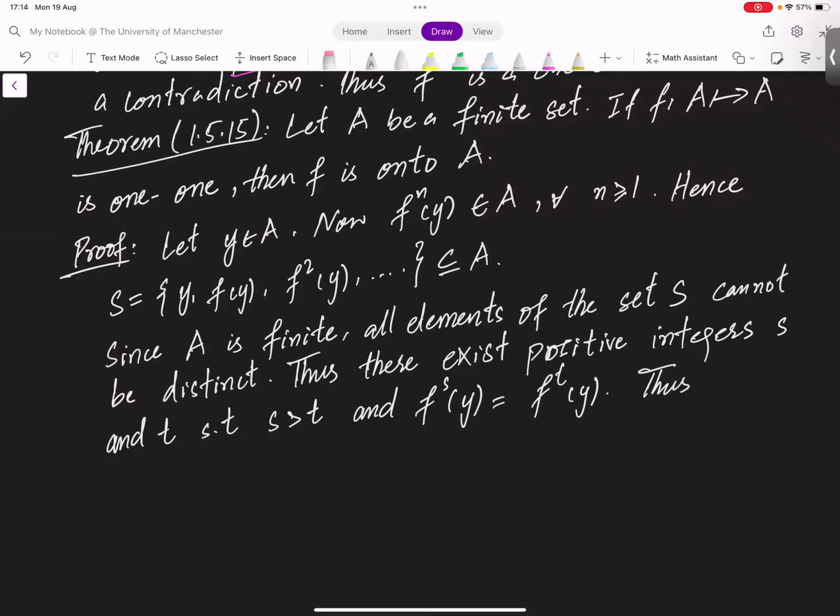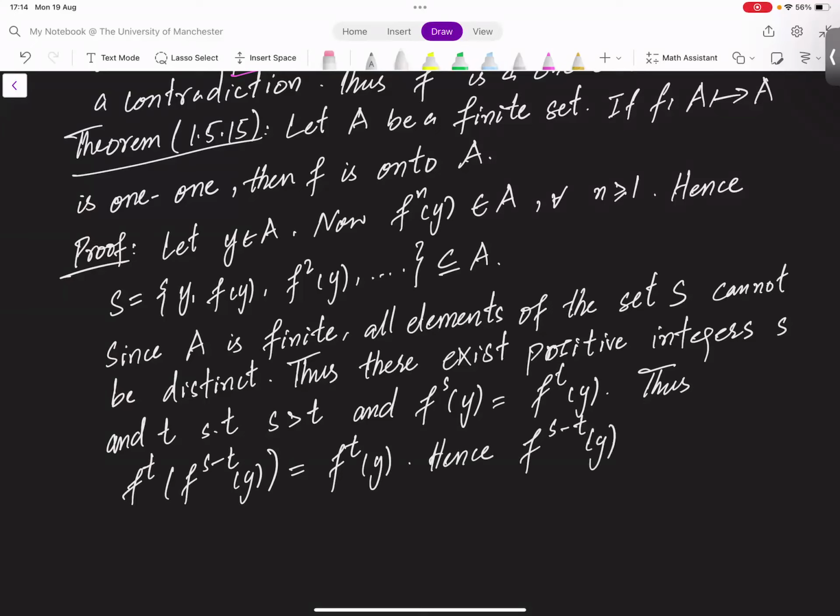Thus, f power t of f power s minus t of y is f power t of y, hence f power s minus t of y is y, since by Lemma 1.14 f power t is 1-1.